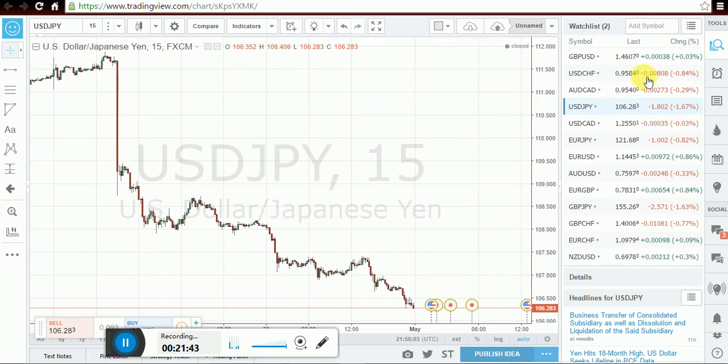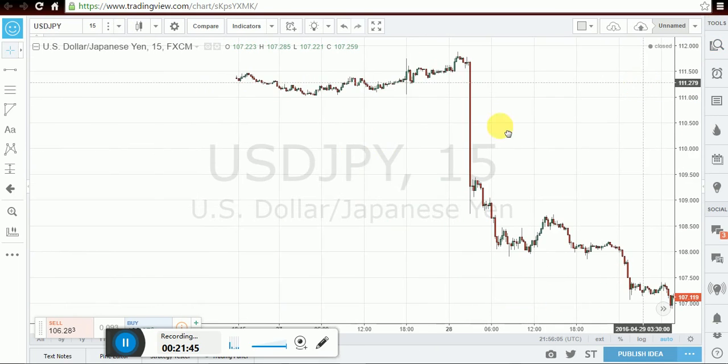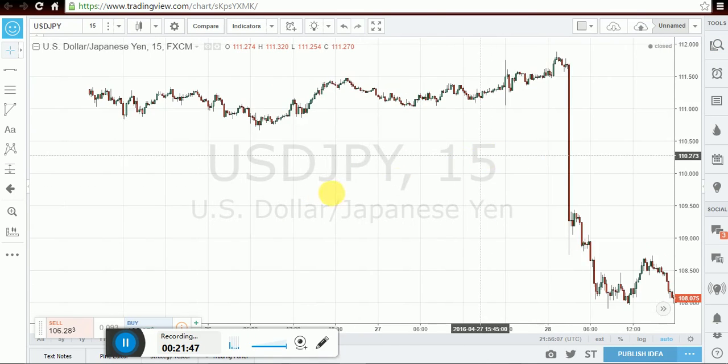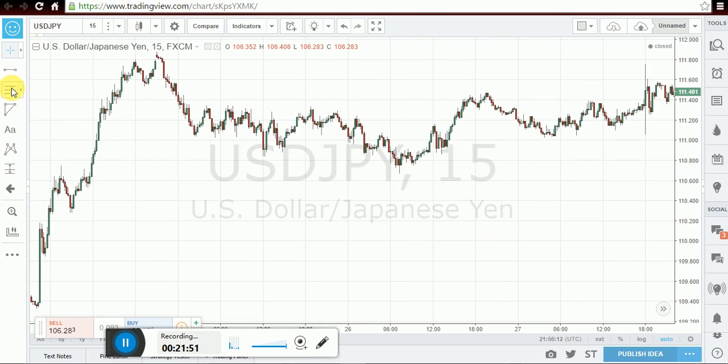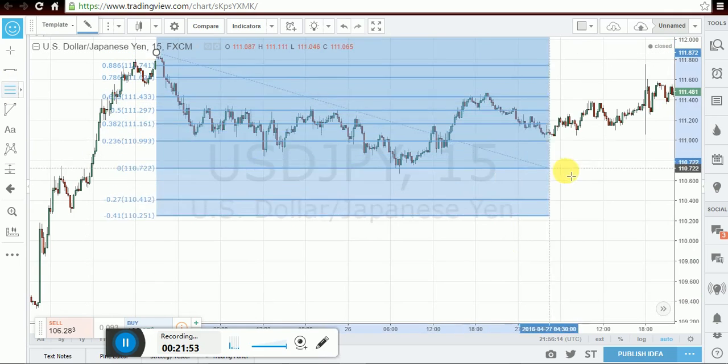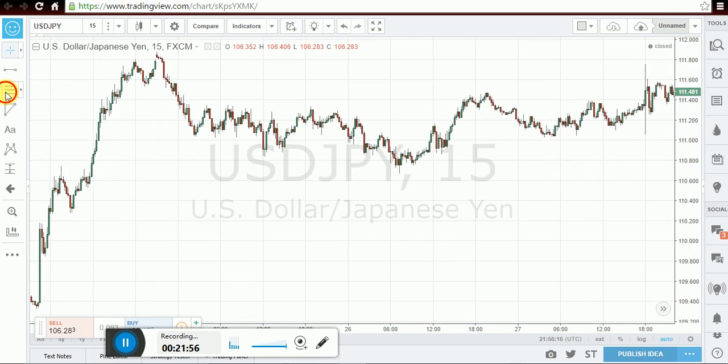Flipping it over to the 50-minute time frame, we can see the yen pair is just having a crazy moment. So this was the trade.